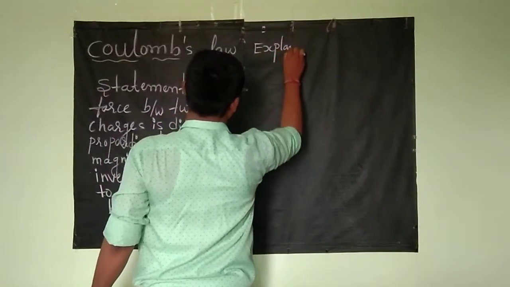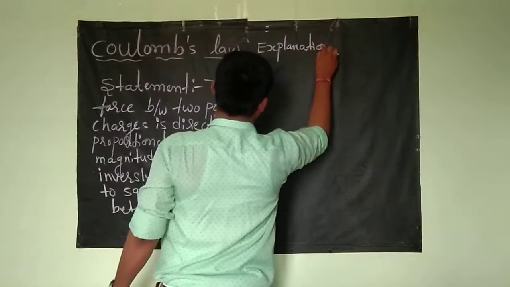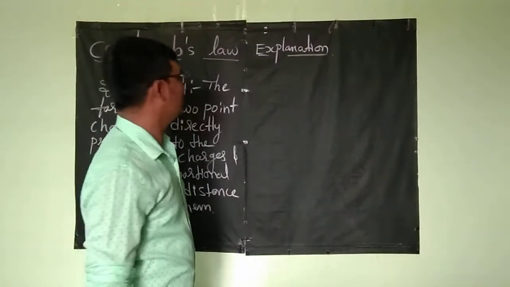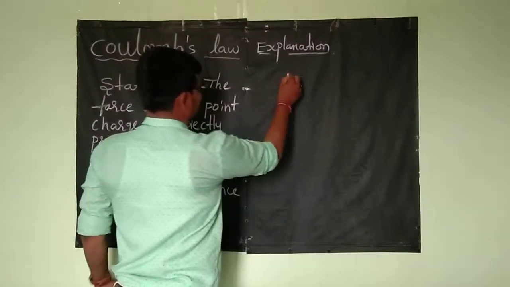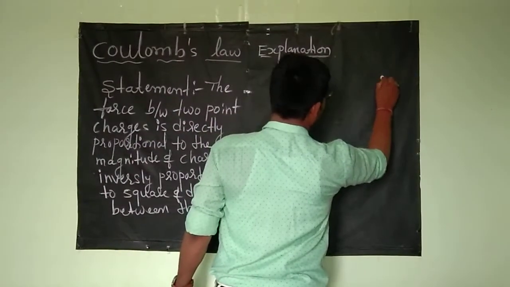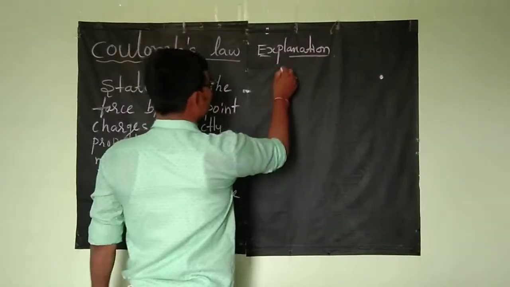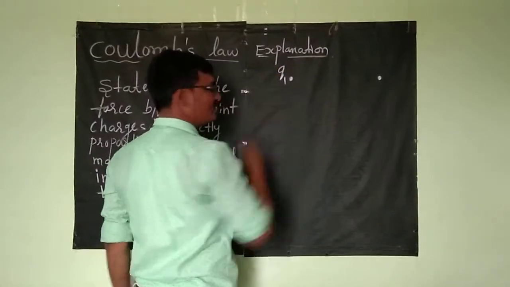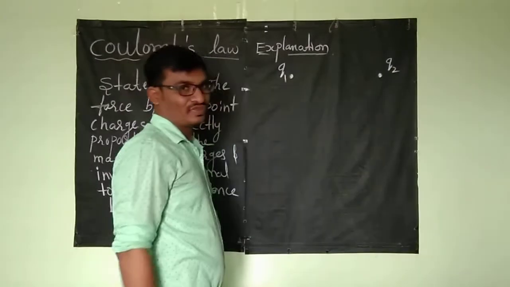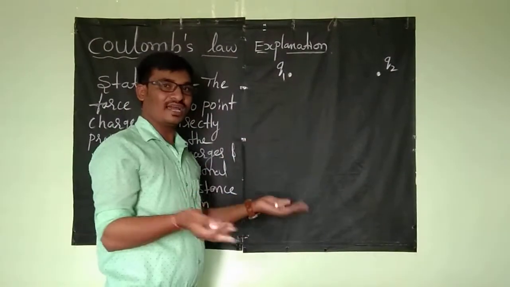Explanation about Coulomb's law. First, here we consider two charges. This is one charge, this is another charge. Here I am naming this charge Q1 and this charge Q2. Here the force may be attraction or repulsion.